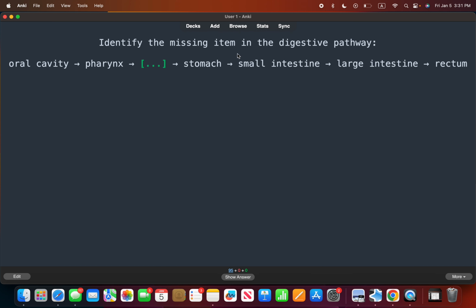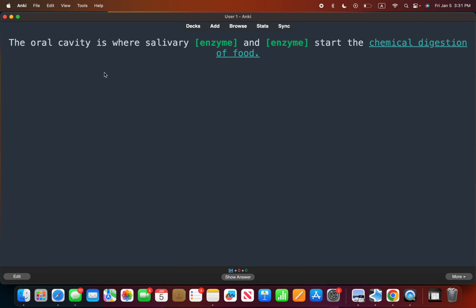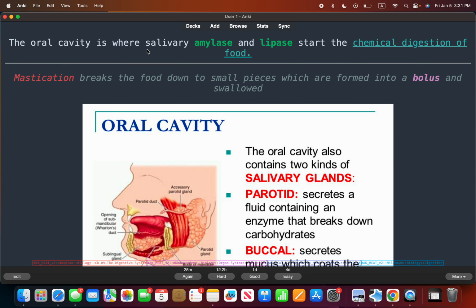Identify the missing item in the digestive pathway: oral cavity, pharynx. The function of the pharynx is to connect the oral cavity, our mouth, to the esophagus. The oral cavity is where salivary enzymes start the chemical digestion of food. So it's salivary amylase and lipase.